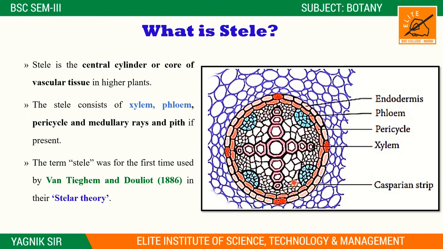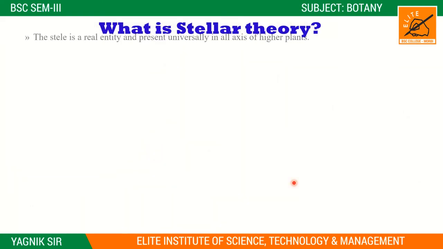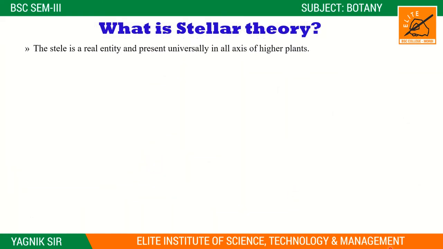theory, right? On what basis was this proposed? So what is the stelar theory? The stele is a real entity and is present universally in all axes of the higher plants. What is the function of the stele?